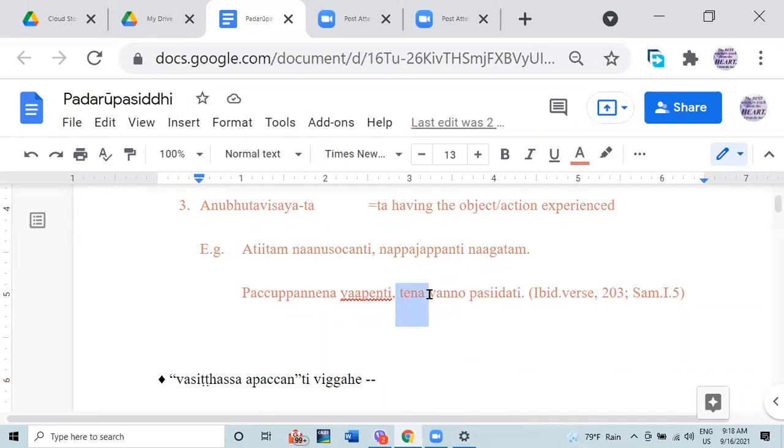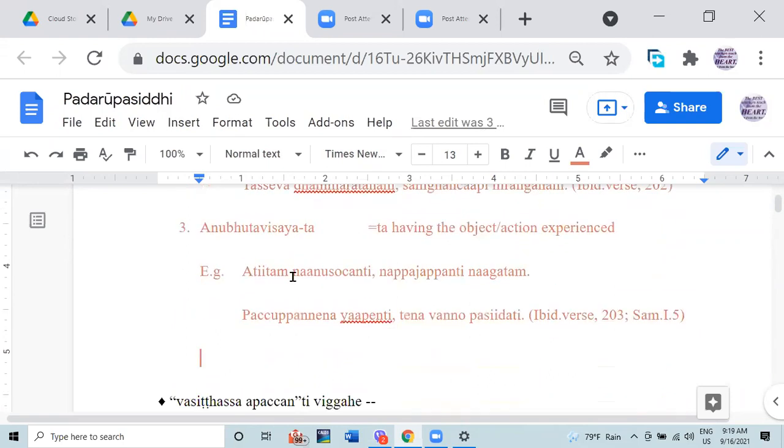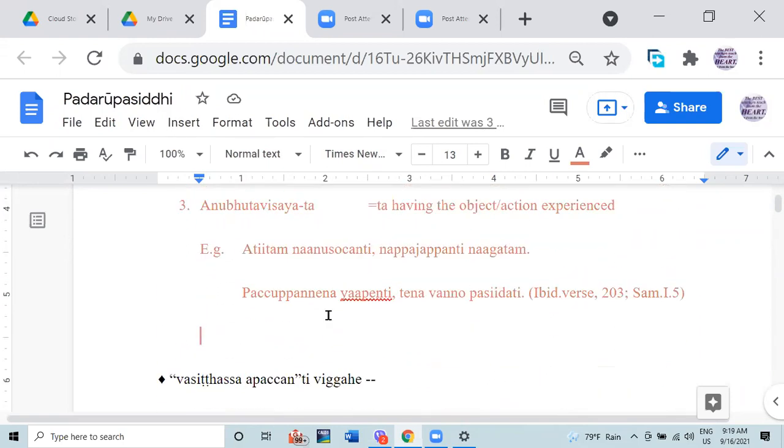Mostly in Pali, words like Tena, Tasma are mostly Anubuddha Visyata. If you see Tena after a sentence without referring to a noun mentioned before, without being the second one, mostly that is Tena, Tasma, Tador.